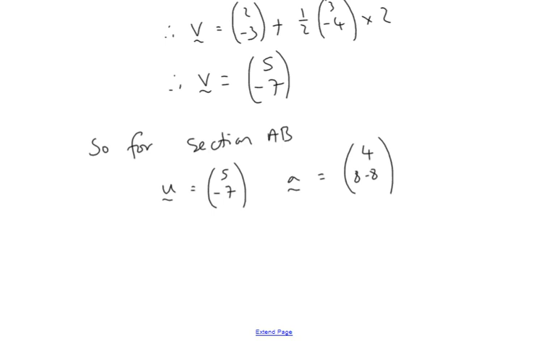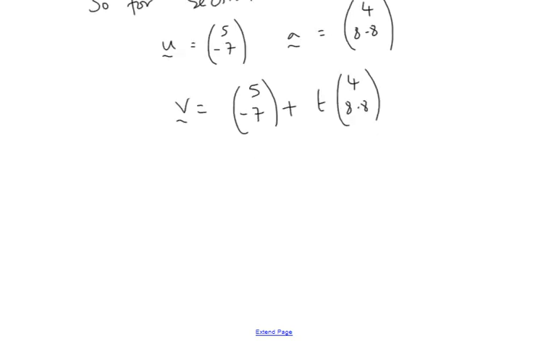And what we know is that when it's traveling in a northeasterly direction, the components of the final velocity will be equal. So we have that v, the final velocity, v equals u plus at. So that's (5, -7) plus t times the acceleration of (4, 8.8).